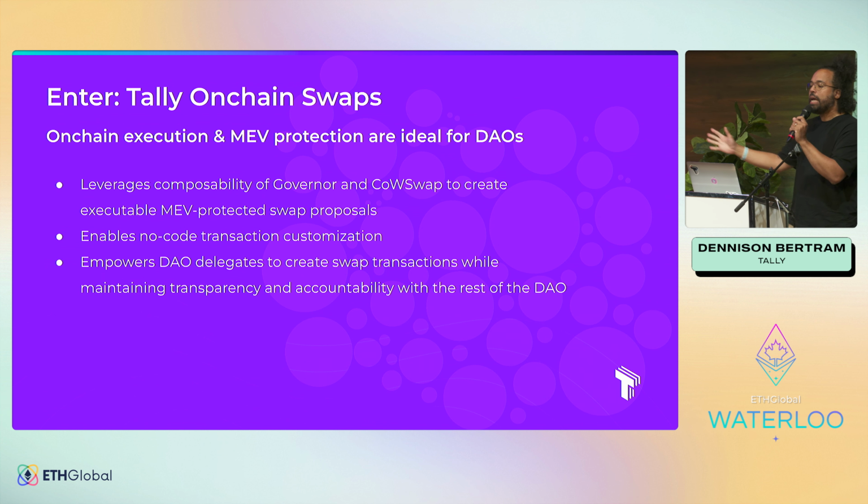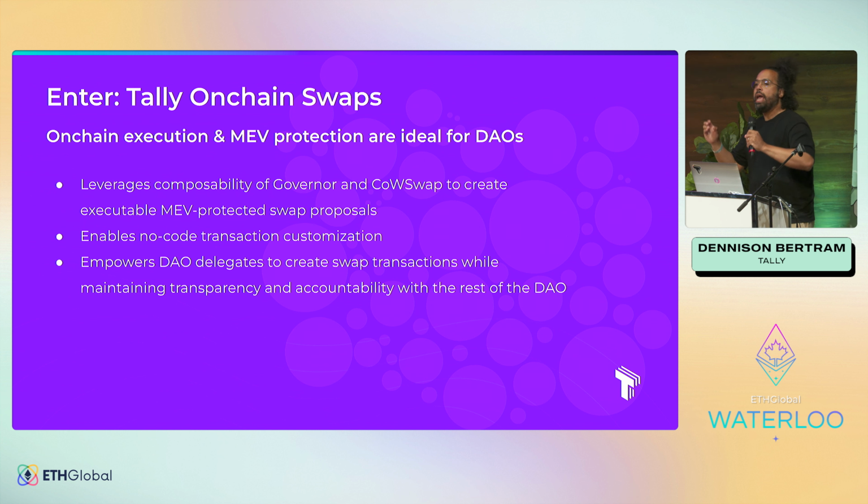So enter Tally on-chain swaps, right? What we've built here is on-chain execution and MEV protection as a recipe on Tally. We've worked with CowSwap. There's a special smart contract called Milkman. The CowSwap protocol is very into the cow theme.